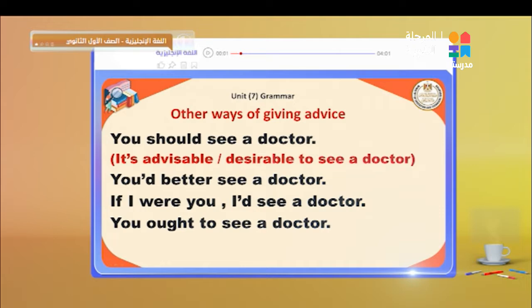We can say also you had better see a doctor. We can say, if I were you, I would see a doctor. If I were in your place, I would see a doctor. Or you ought to see a doctor. You see the word ought, you should use to with ought. So we have other ways of giving advice rather than should.